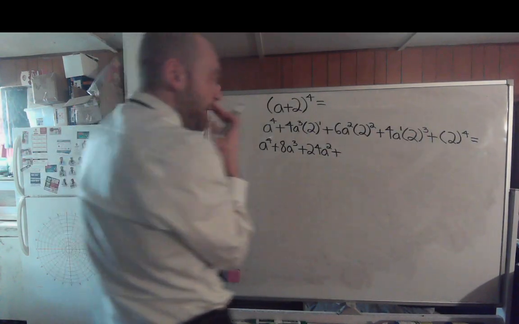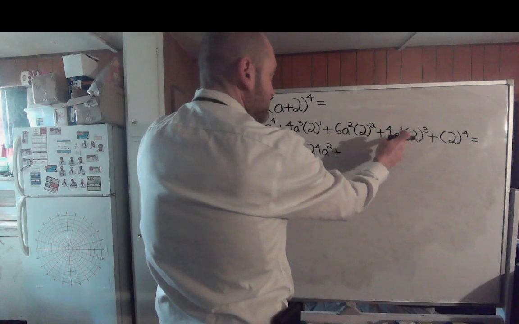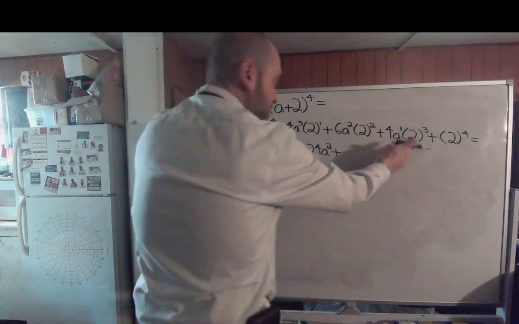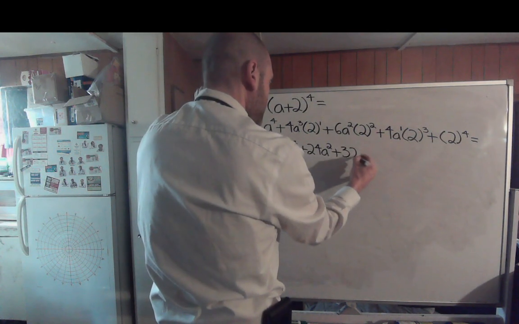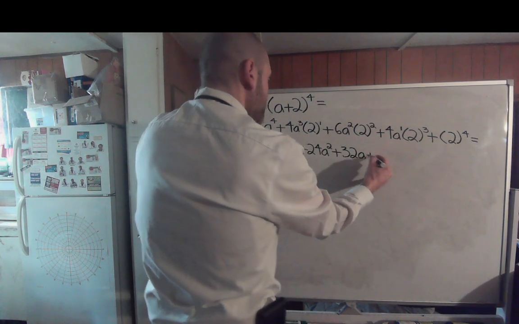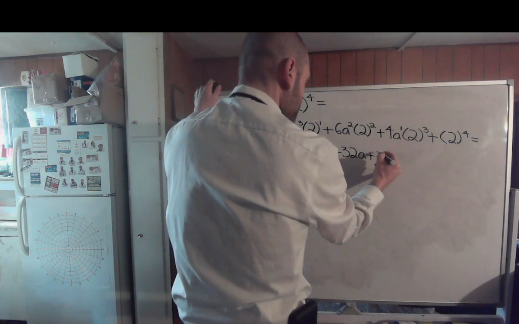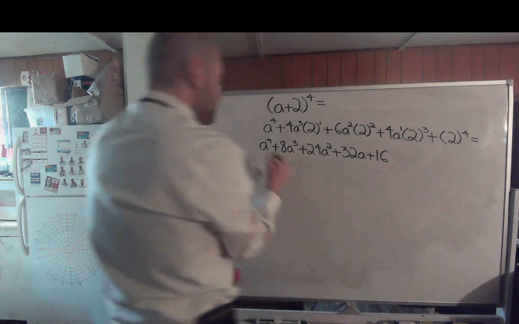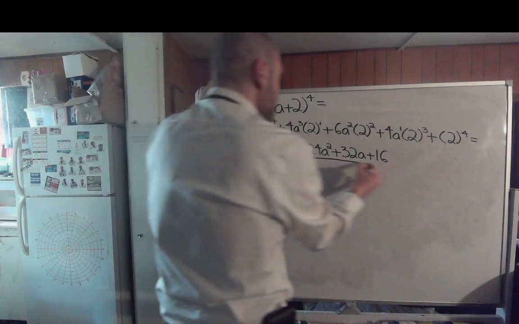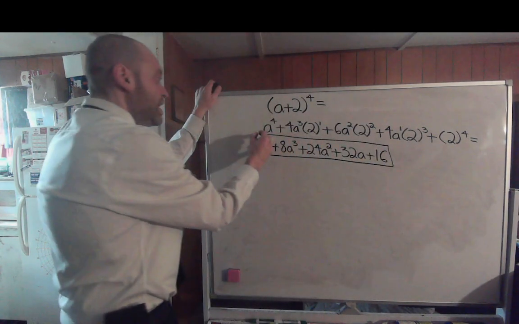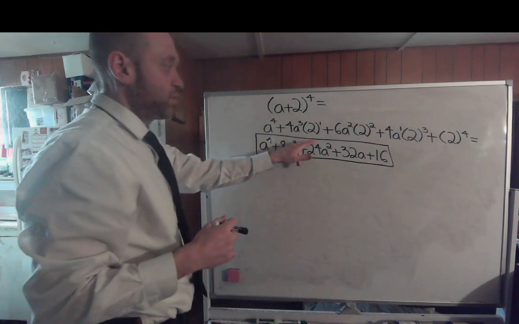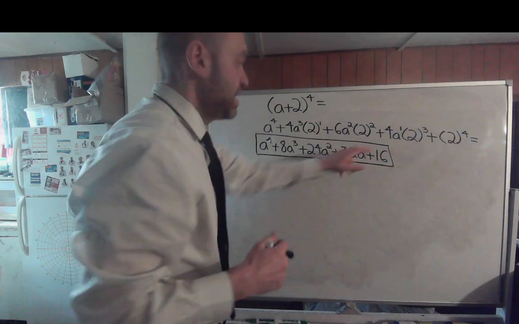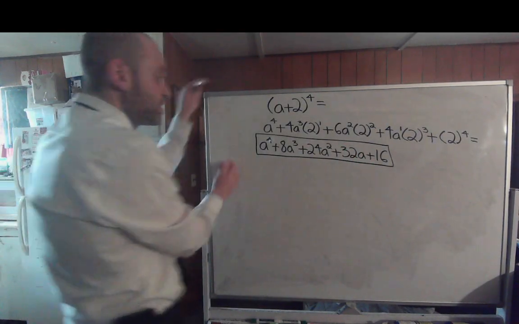Plus then you have 4a to the 1st times 2 cubed. 2 cubed is 8 times 4. Well, that's 32a. You'll have 32a, then 2 to the 4th is 16. So this would expand into a to the 4th plus 8a to the 3rd plus 24a squared plus 32a plus 16. All right.